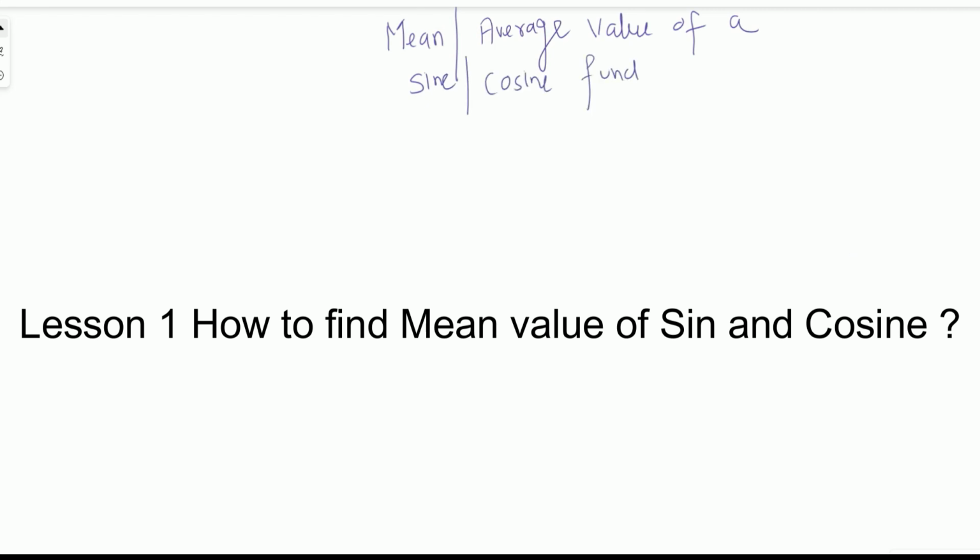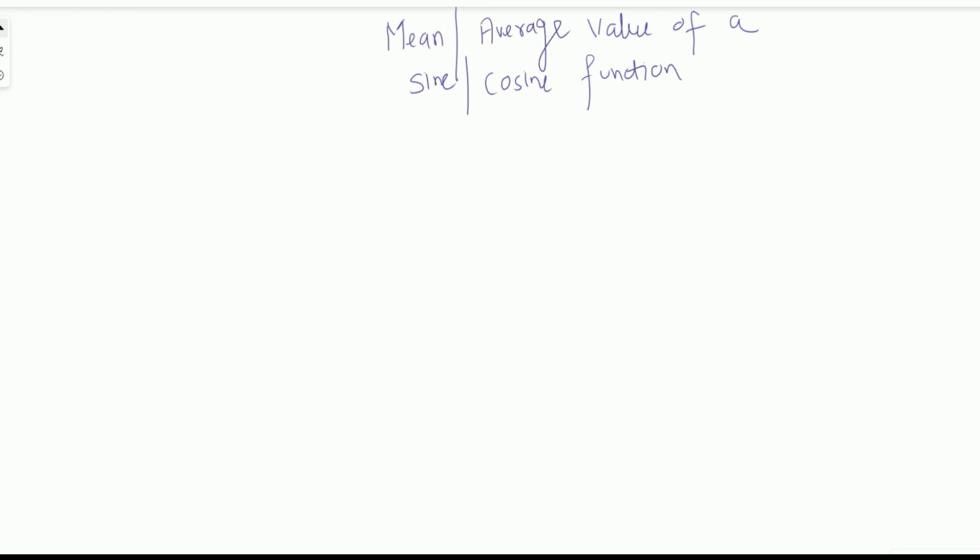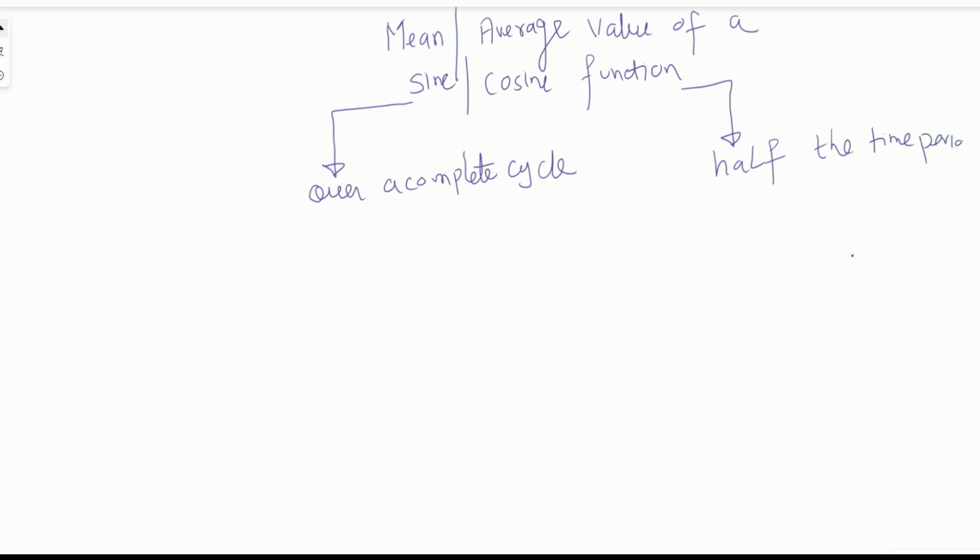There are two aspects to this. You find this over a complete cycle, which is capital T, which is what is asked in the question, complete cycle. The second thing you can do is calculate this across half the cycle, which is half the time period.